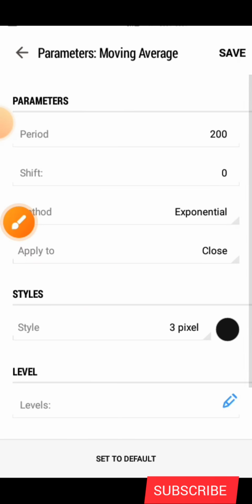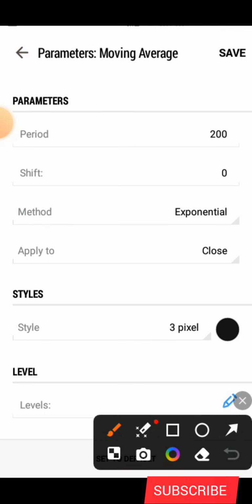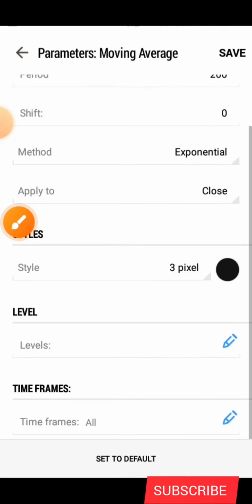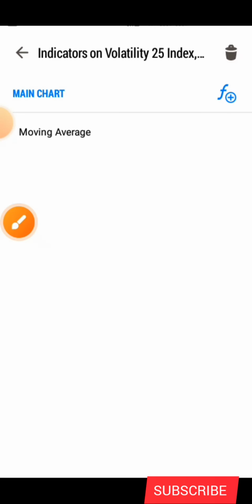After clicking on it, you have to set everything the same as this one. The period is going to be 200, the shift is 0, the method is exponential, apply to close, the style is 3 pixel, and you make the color black. After that you click on save.